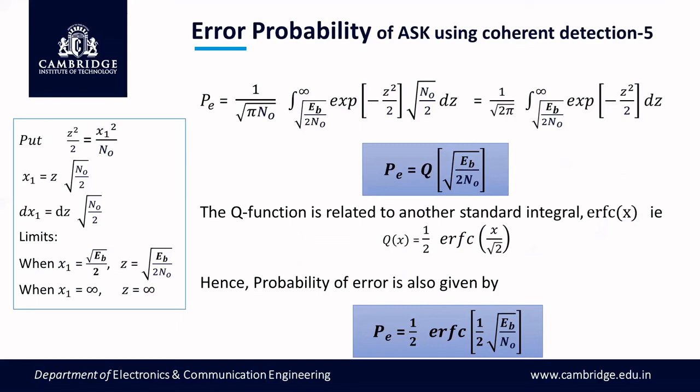So finally, to conclude, we can find the probability of error using these equations, that is the Q function and the complementary error function, using tables which are available everywhere. Okay. So with this, we conclude the discussion on ASK. Thank you.